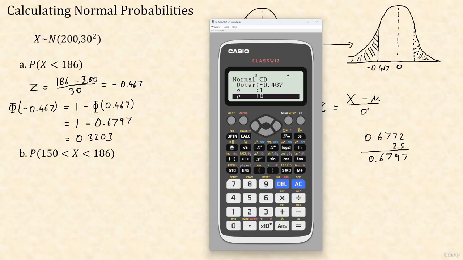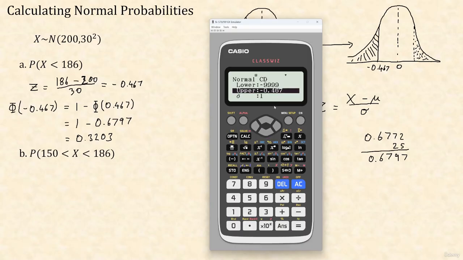Standard deviation of 1, mu is 0, and there's our answer, 0.320. Well, look, it's actually 2. And as discussed before, you get a slightly different value from the calculator. It's actually more accurate, but it really wouldn't matter if you use 0.3202 or 0.3203.